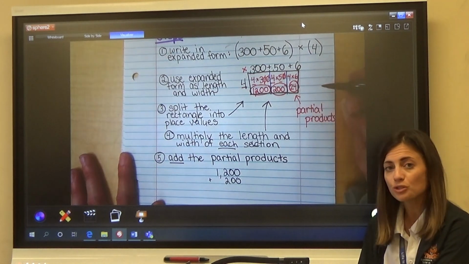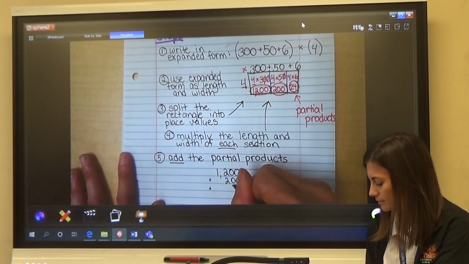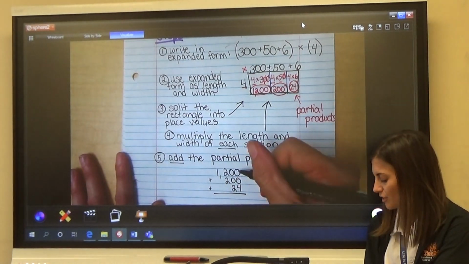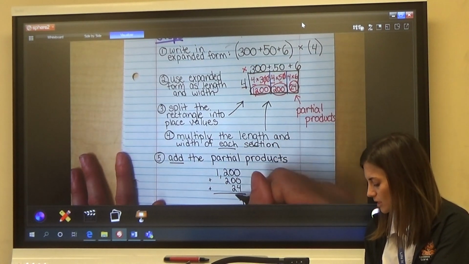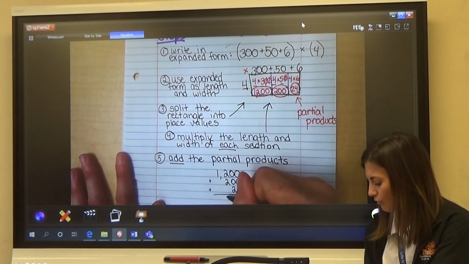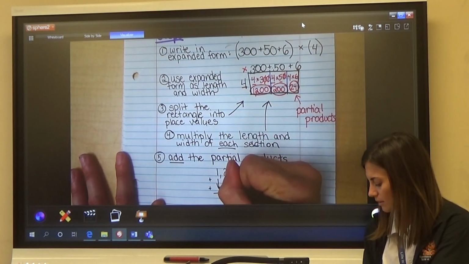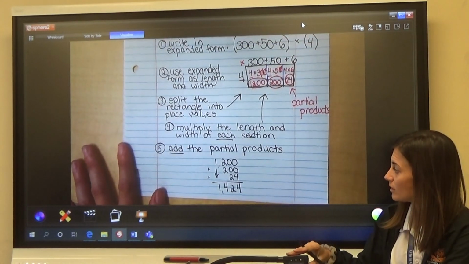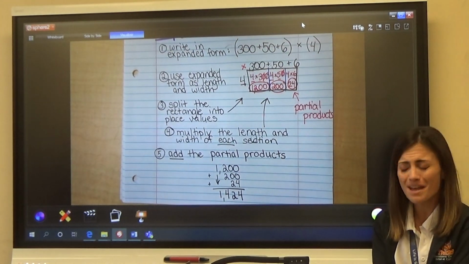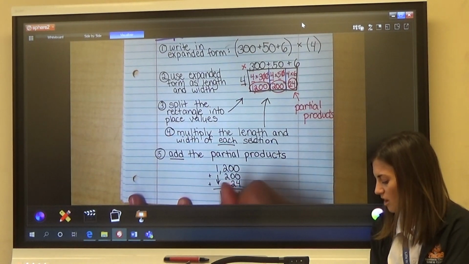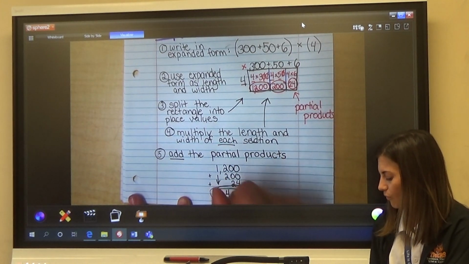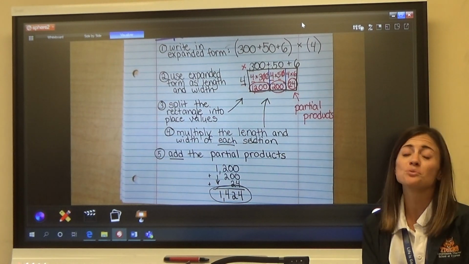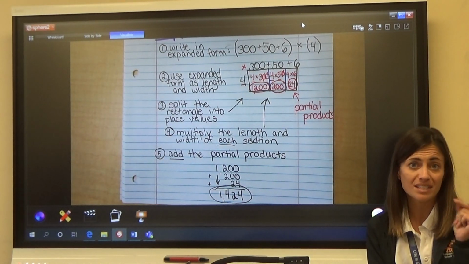And the last partial product is 24. So my final answer is 1,424. So our answer, using our area method, is 1,424.